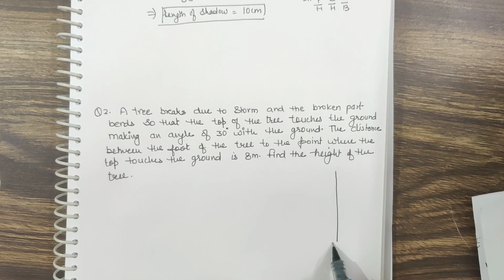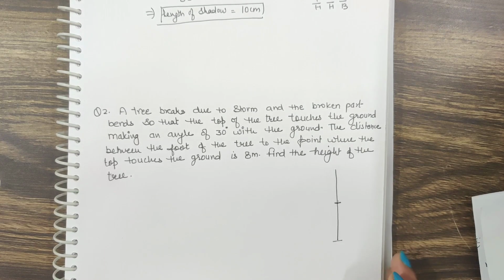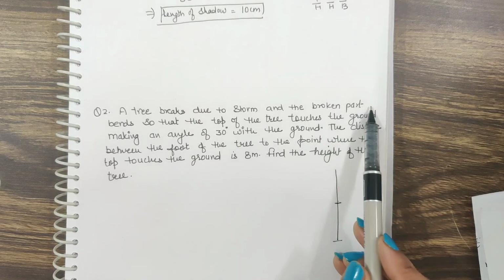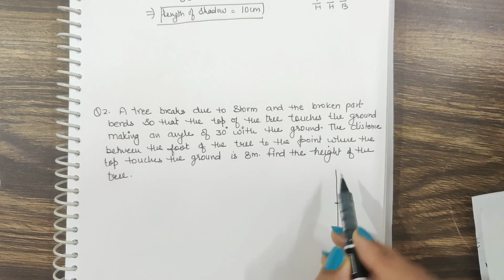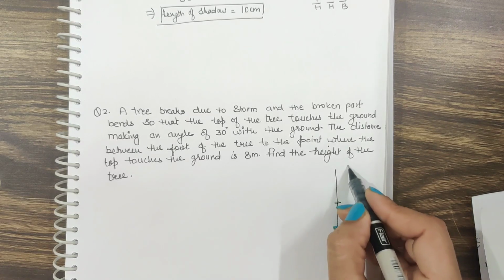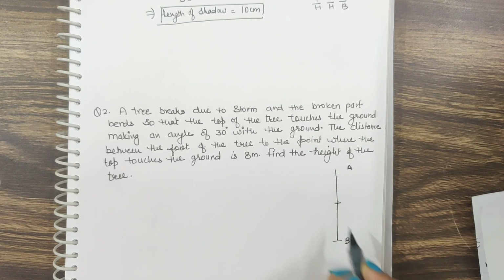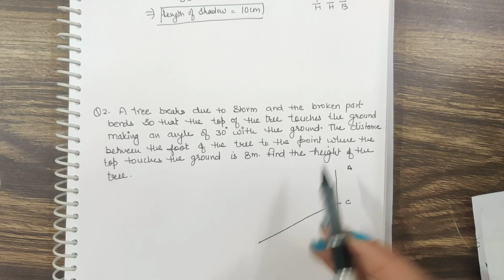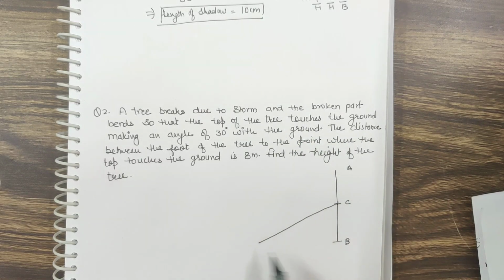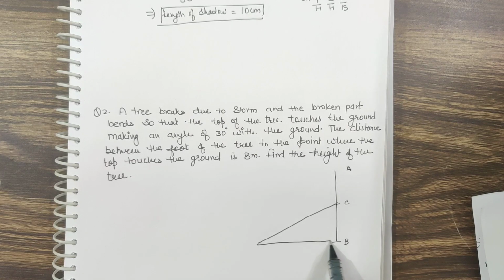This is the tree, and the tree is broken and the parts bend. That's why we draw the bended part. Suppose the height of the tree is AB, it bent from the point C, and this is the actual figure when the tree is broken down. Okay student, and it touches the ground at an angle of 30 degree.